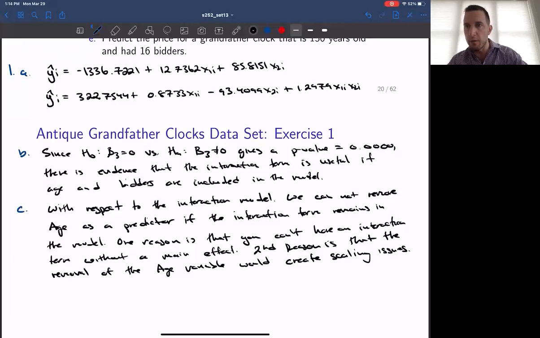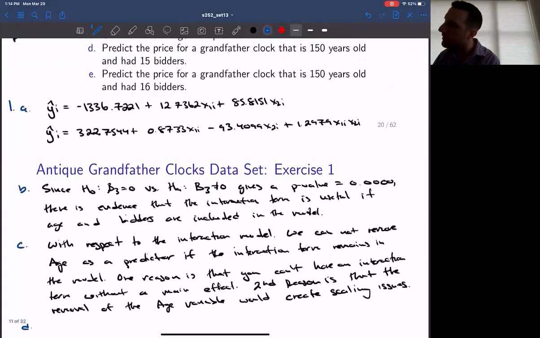So if we knock out the main effect, the age value, you're creating an issue with scaling that would disrupt, I think, the predictive process. It would make the model a little harder to interpret and a little less reliable because you're not analyzing everything on the right scales. But the general reason is just, again, if you have an interaction, you have to have the main effects. All right.